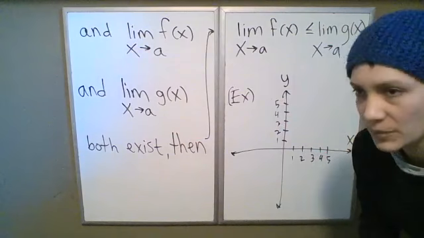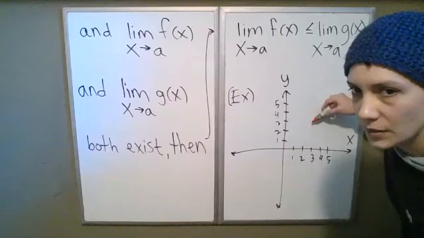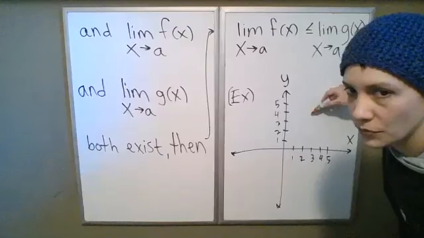So our function f will be red, and we're going to have a parabola with its vertex at 3, 3.